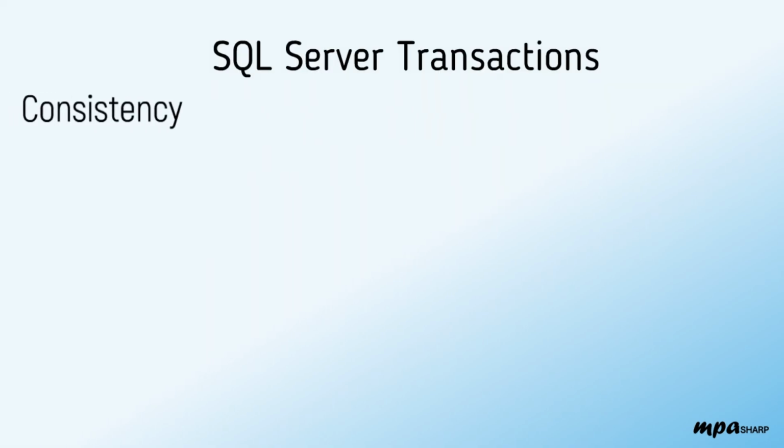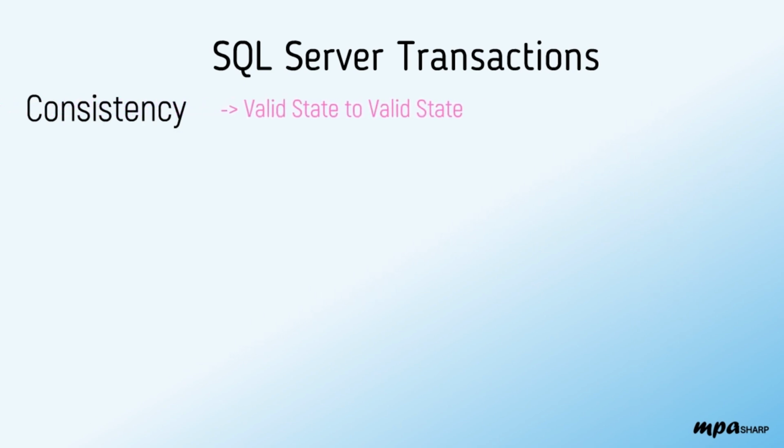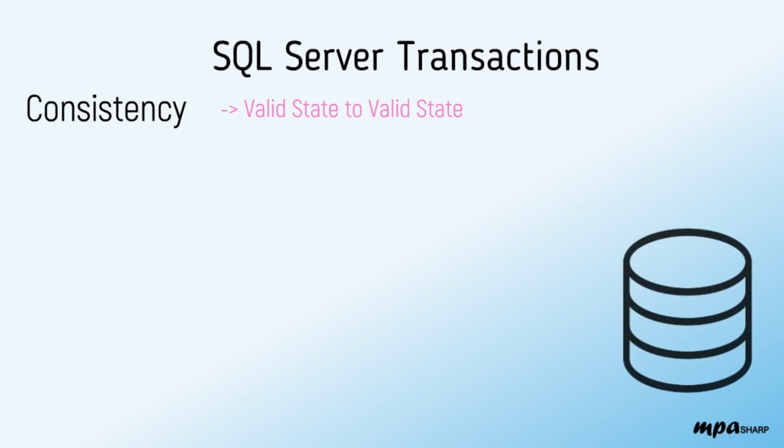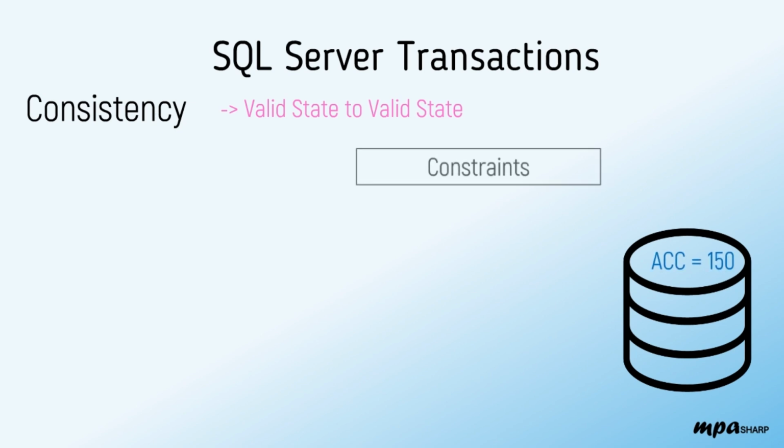Consistency. Think of it as valid state to valid state. What it means is a transaction brings the database from one valid state to another valid state. It doesn't mean the transaction logic itself is perfect. You could accidentally transfer wrong amounts, but it ensures that the transaction adheres to all defined database rules and constraints.